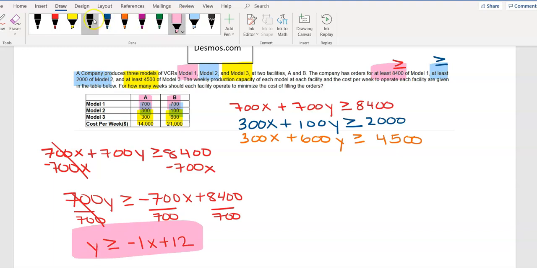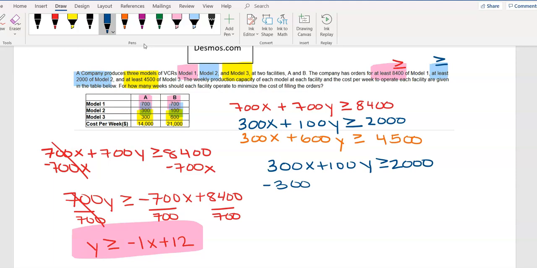Okay, the next one we have is the blue equation, so that's 300x plus 100y is greater than or equal to 2,000. So this inequality you're going to solve as well. So minus 300x on both sides. We have 100y is greater than or equal to negative 300x plus 2,000.